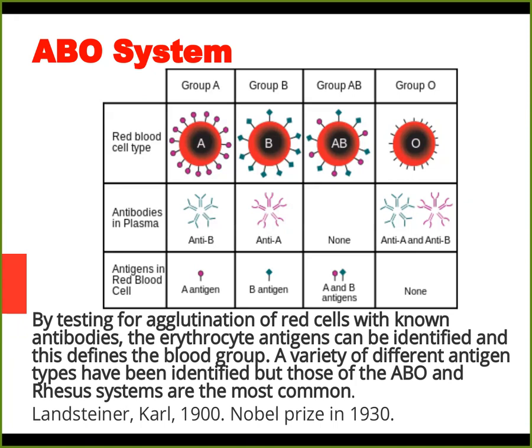Vice versa, a person which has agglutinogen B on surface of red blood cells has agglutinins, proteins in blood, which are named anti-A or alpha.